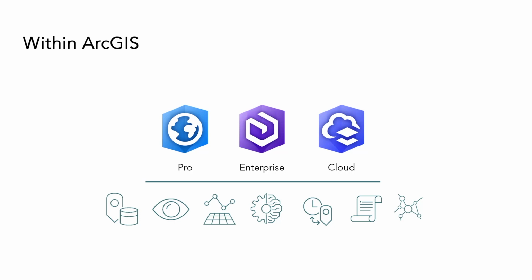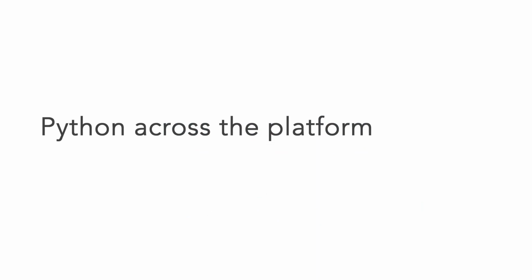There's so many different ways that we can take advantage of these spatial data science capabilities, and it really just depends on the way that you need to solve your problem. And depending on that, you'll pick which way you want to experience this capability. Now, a huge part of the spatial data science capability within ArcGIS, especially for our Dev Summit attendees, is really Python.